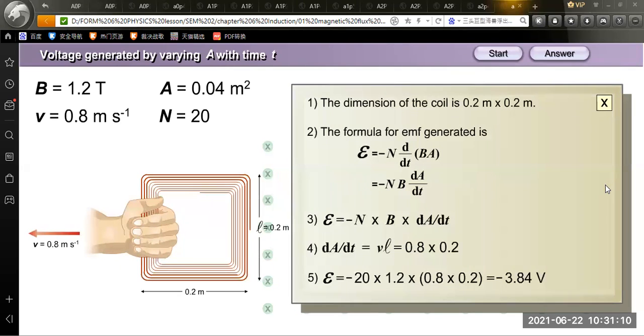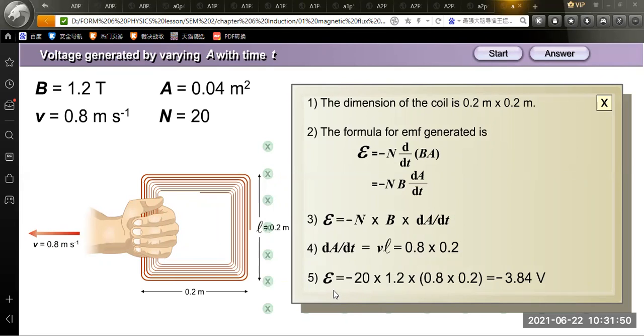The formula of EMF generated is equal to negative NB dA over dt. By using the formula, dA over dt, the change of the area divided by time, will be equal to V times L, the speed times the length, which is at 90 degrees to the direction of the speed.